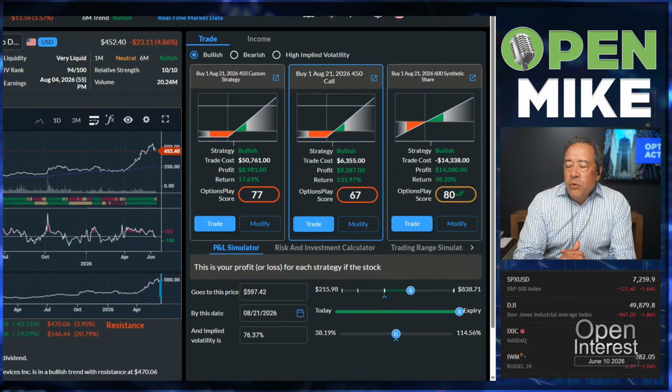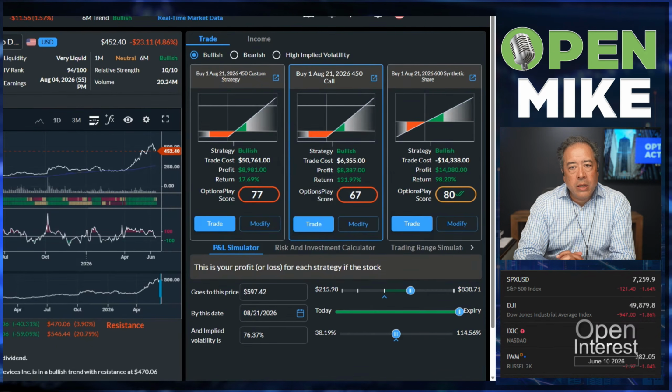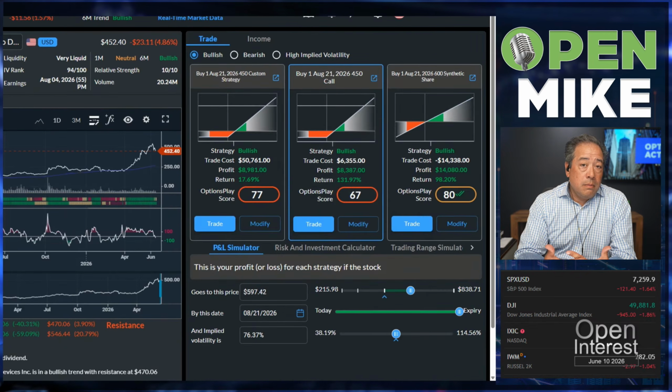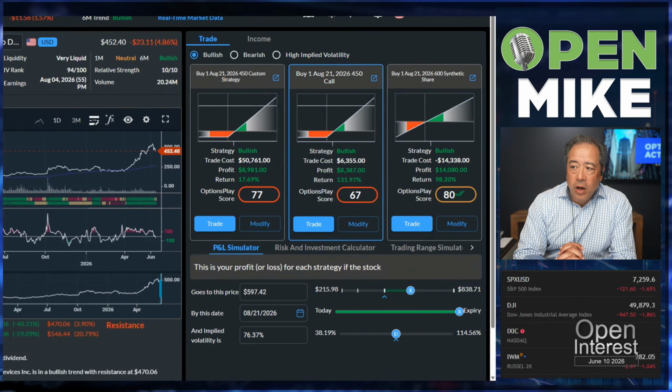And this is really important because I think folks need to understand these relationships. It helps you when you are trying to price out different ways to do the same trade. But the most important thing to understand, I think, is that you can replicate just the underlying asset with an option.